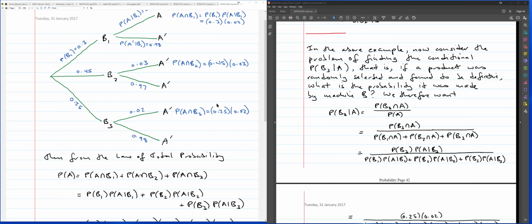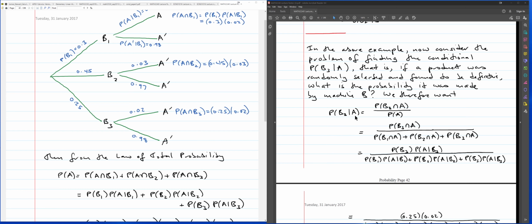This is using Bayes, but as I said, Bayes uses the law of total probability that we just saw.